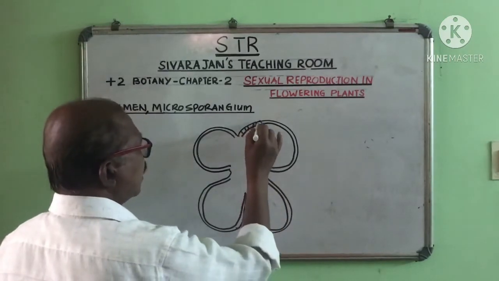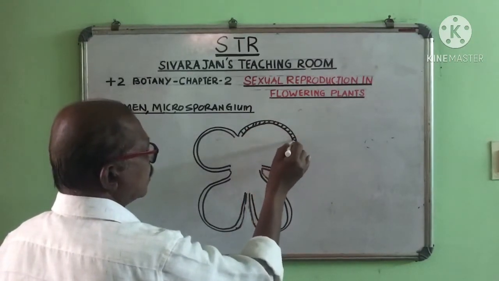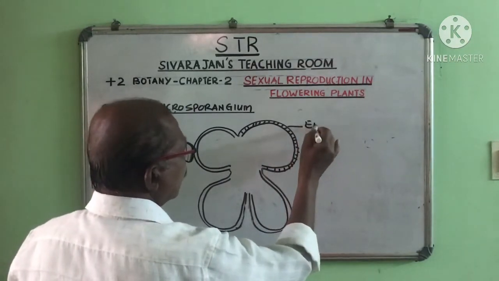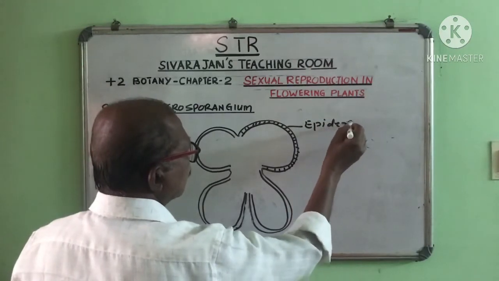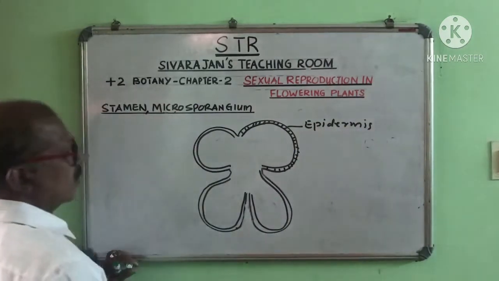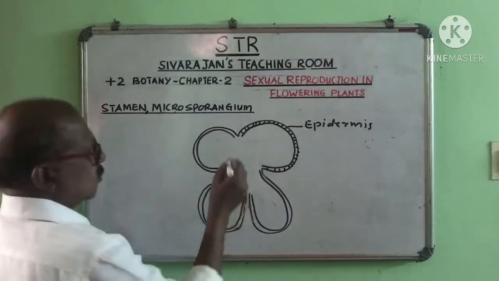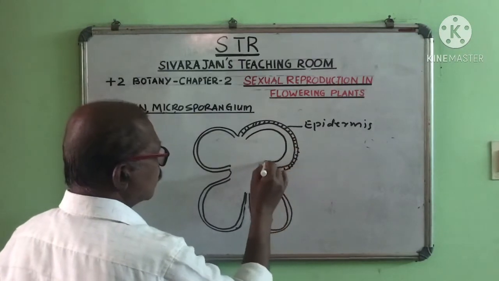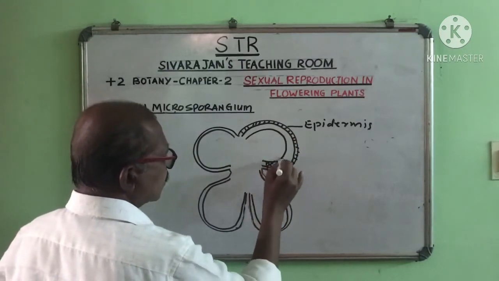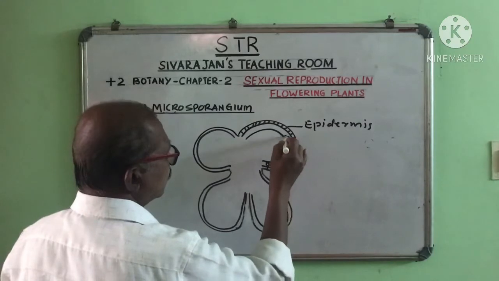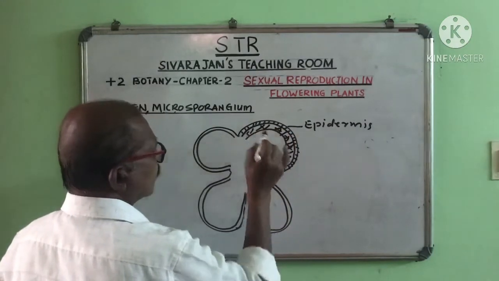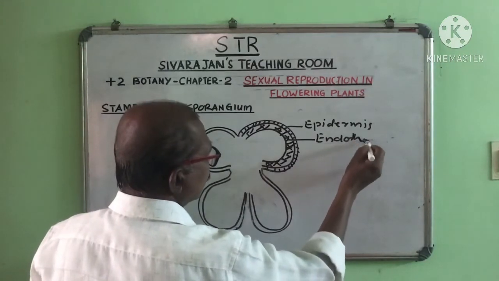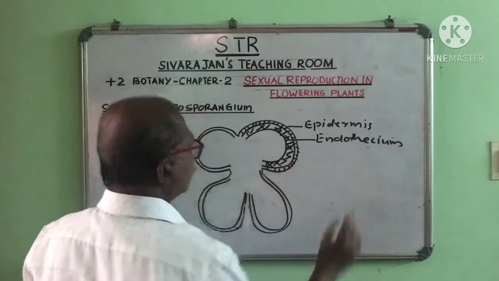This is the outermost layer, the epidermis. The second layer is called the endothecium.